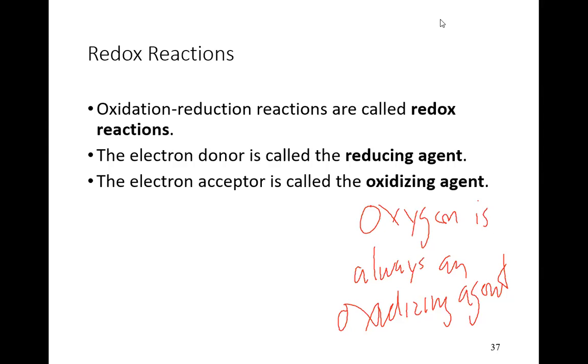So anyway, the substance that accepts the electrons is the oxidizing agent, the oxidizer, if you will. Oxygen is an oxidizing agent. The donor is the reducing agent, because the donor is going to give up electrons, and whoever grabs them is going to become reduced. They're going to have more negative charges than they did before.